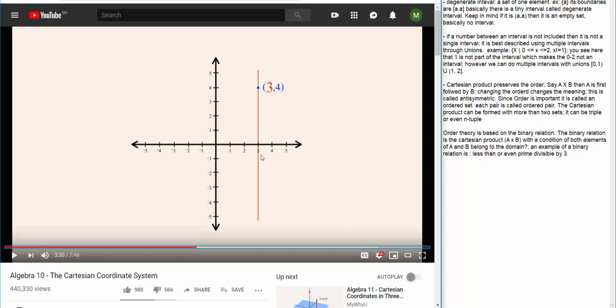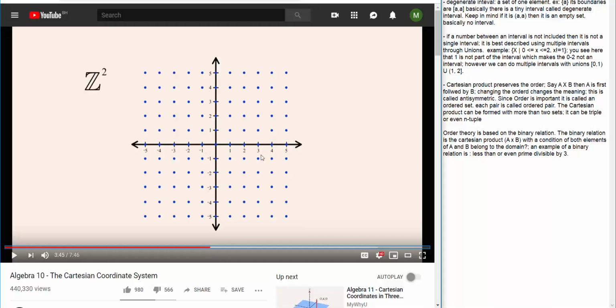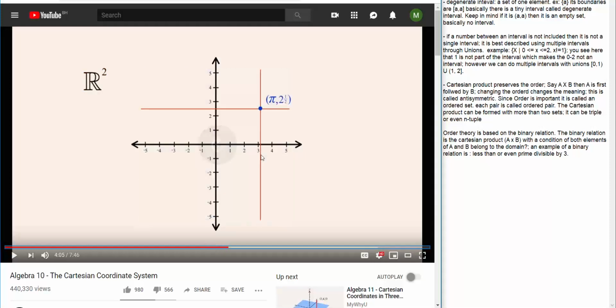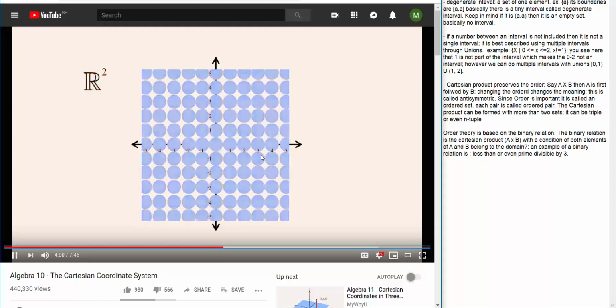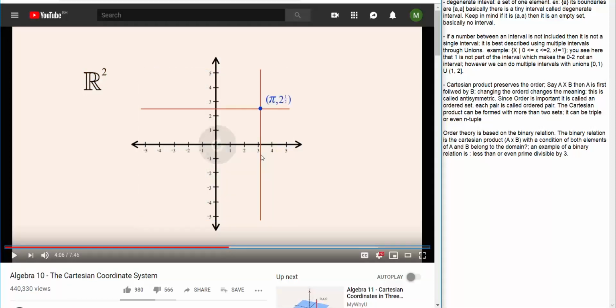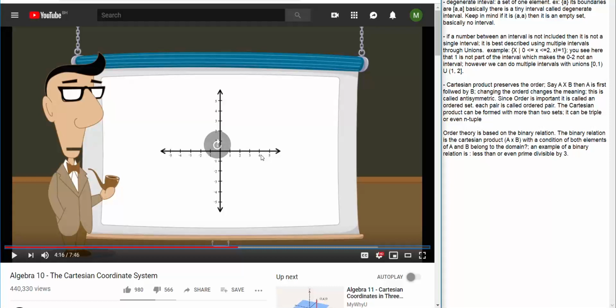Now if you decided to go a step ahead and go for the R system, then it's like you form the Cartesian product of the real numbers R with itself. You create a continuum of points which completely fill the plane. So that space can be dealt with just the same, and this is what is called the Cartesian coordinate system.